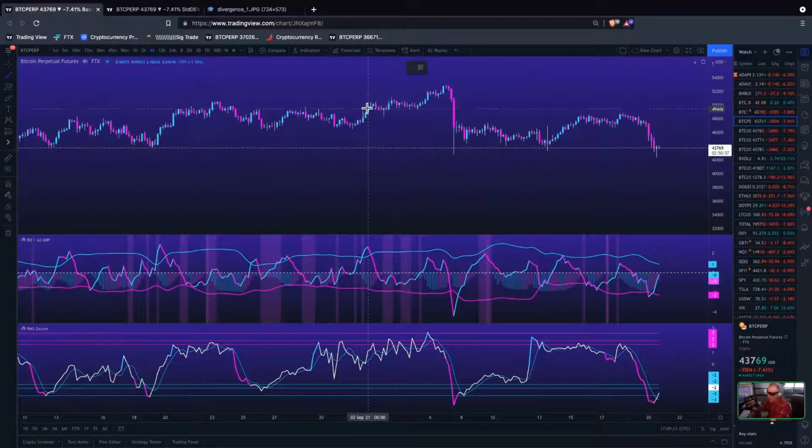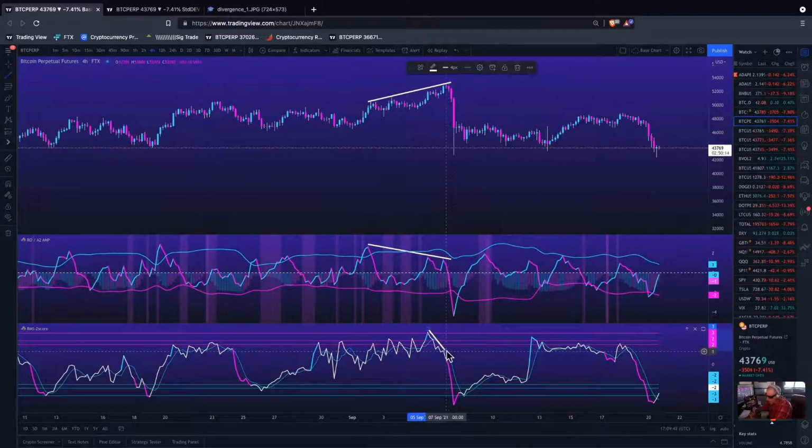Okay, first I'm going to put a little handy trend line right here, and a little trend line right here. Okay. And then there we go. Okay.